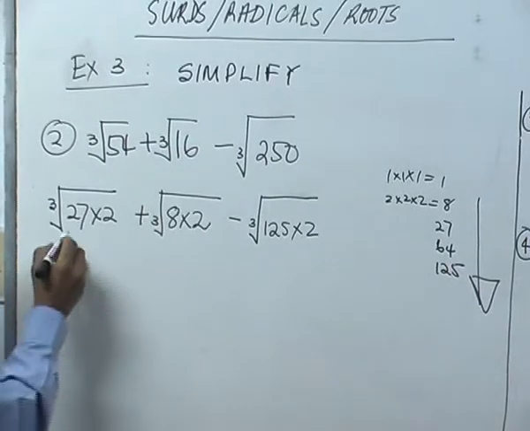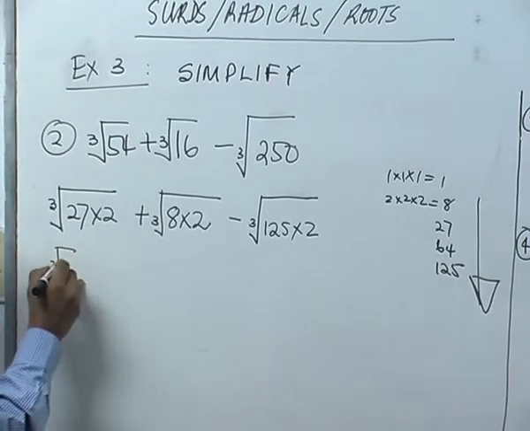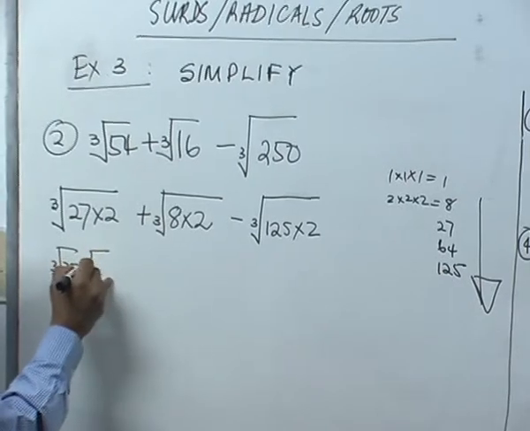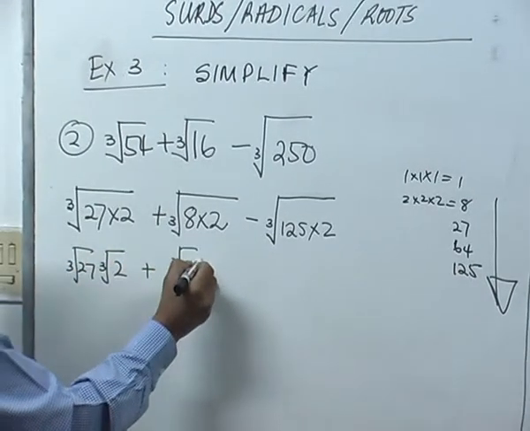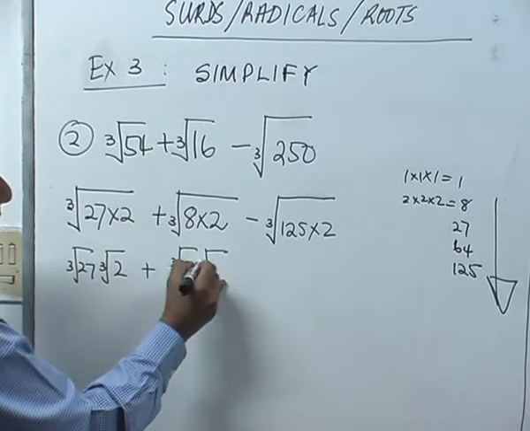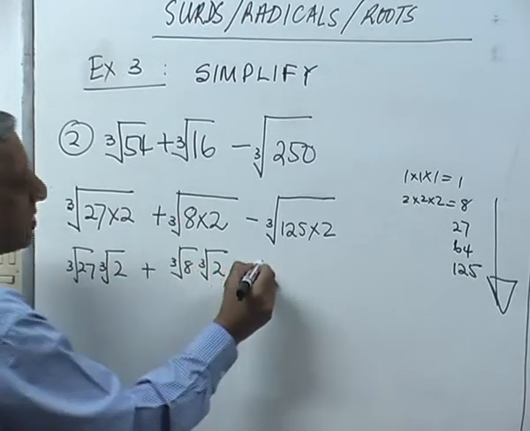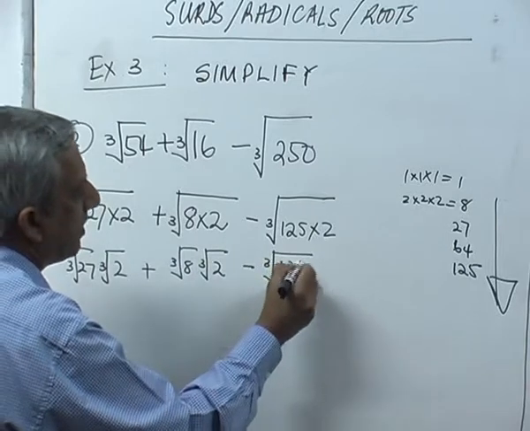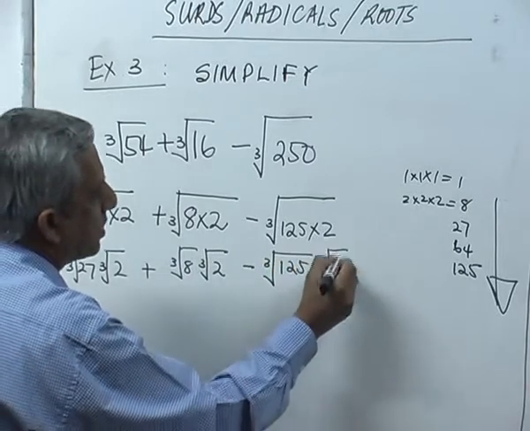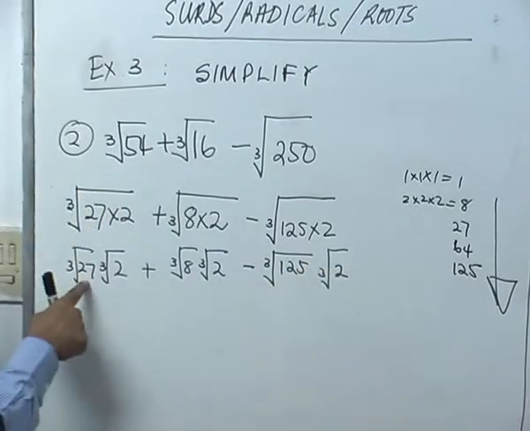Right. So this will become cube root 27 cube root 2 plus cube root 8 cube root 2 minus cube root 125 cube root 2. Cube root 27 is 3.